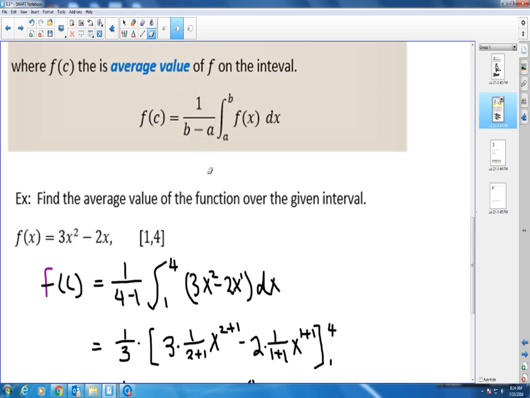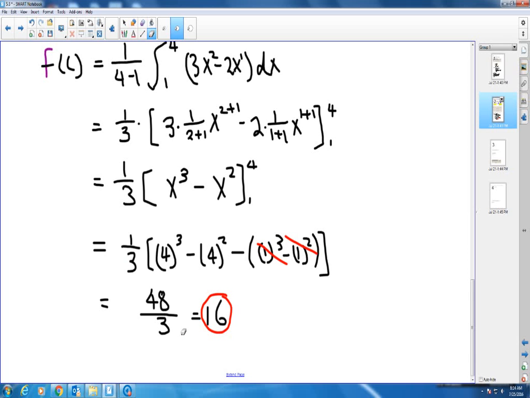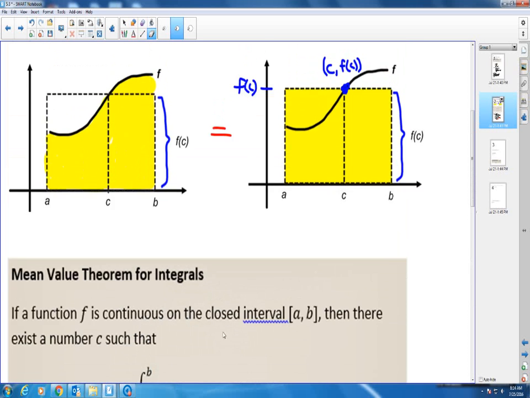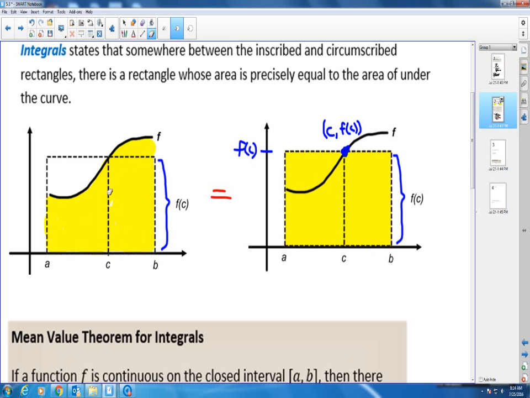So what that tells me is before I divided by 3 at the end here, the area under the curve was 48. By dividing by 3, it allowed me to find the average value. You imagine this whole yellow part under the curve is 48.